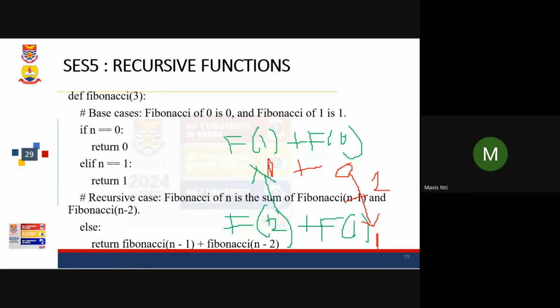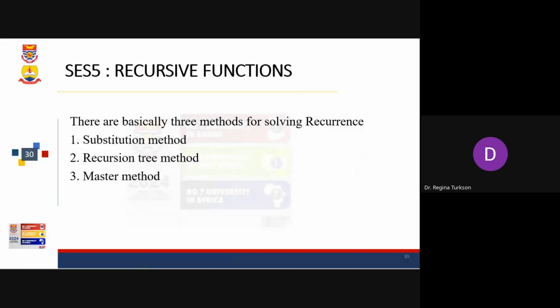So please, madam, in an exam, if you are asked to find, let's say, Fibonacci of 8, you can just add Fibonacci of 6 and 7 to get your 8 straight away without going through the code given. Would that be okay? If it's in objective, then that one is fine.